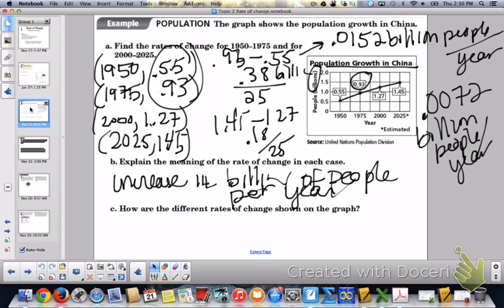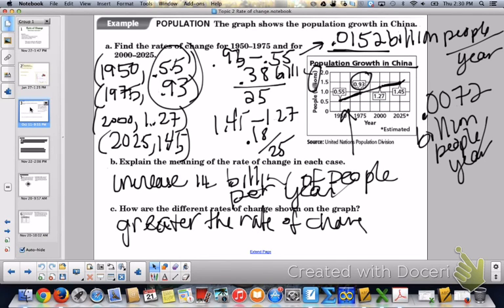Well, right here, 1950 to 1975, the rate of change was 0.0152, where over here, the rate of change is 0.0072. So the greater the rate of change, what do you notice about these graphs? It's steeper there, right?